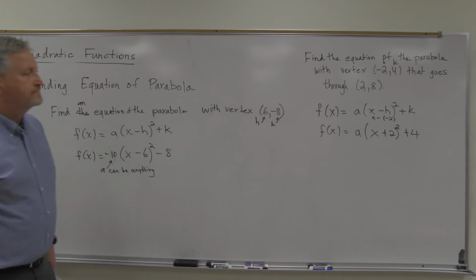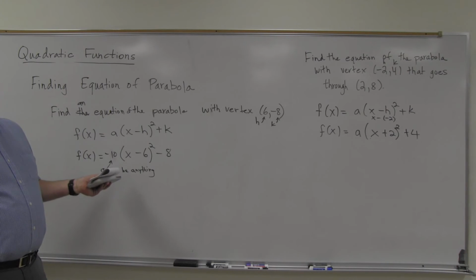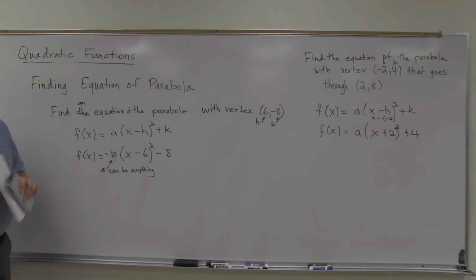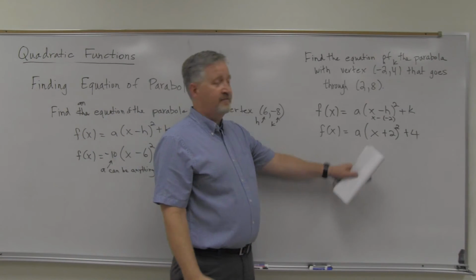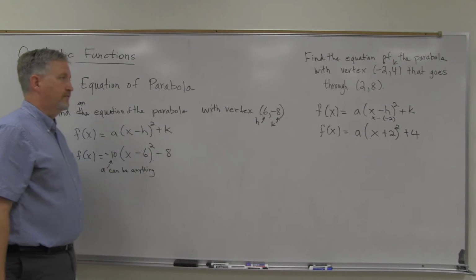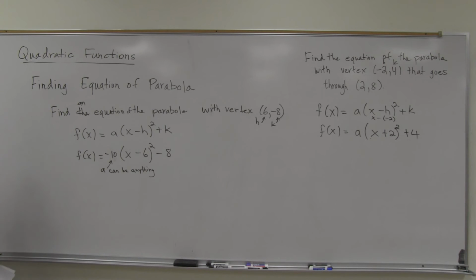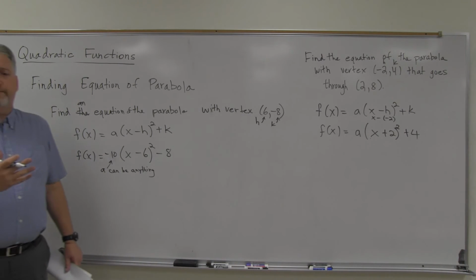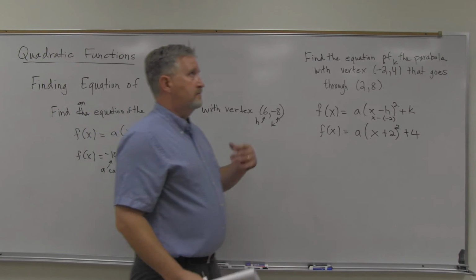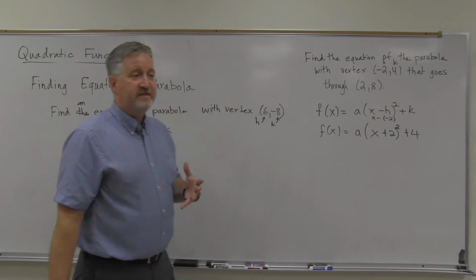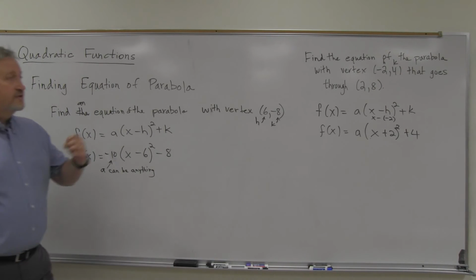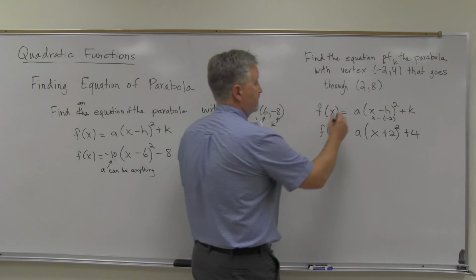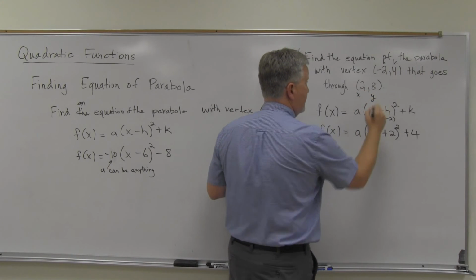All right. Now, unlike before, my a I just can't pick because I want it to go through 2, 8. So if I just pick a number at random, I probably won't get the correct point. Here's how we can figure out the a that goes with it, because that's the last step, is to figure out what a is. The way I do the y equals mx plus b, finding the b, same idea. The 2, 8, that's an xy point, right?